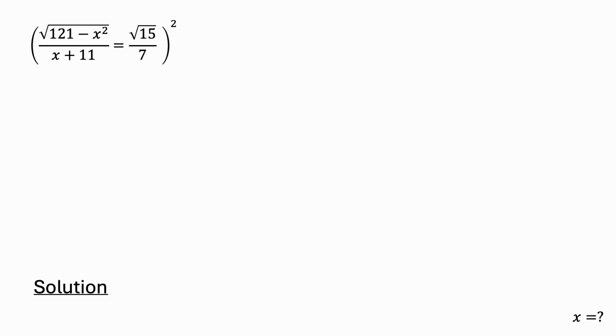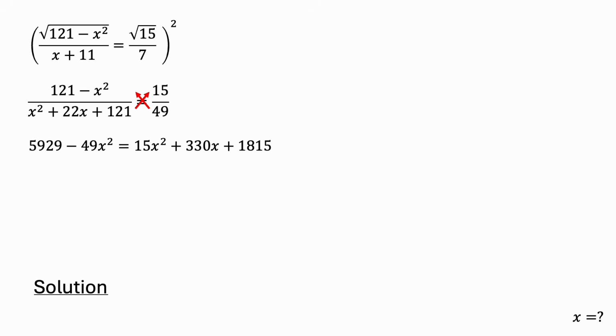Squaring both sides gives 121 minus x squared over x squared plus 22x plus 121 equals 15 over 49. After cross multiplying, we get 5929 minus 49x squared equals 15x squared plus 330x plus 1815, which reduces to the quadratic equation 32x squared plus 165x minus 2057 equals 0.